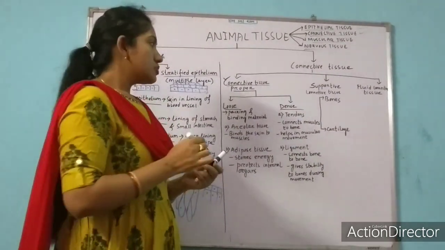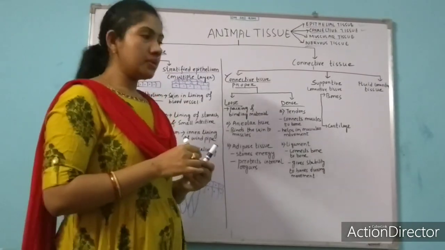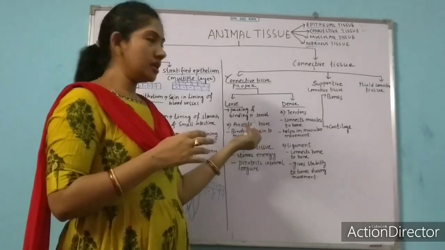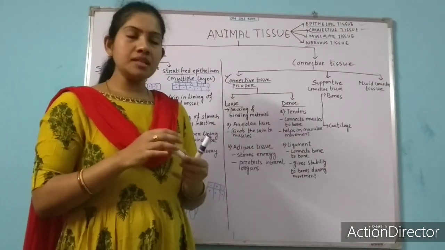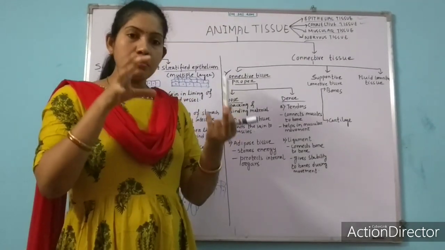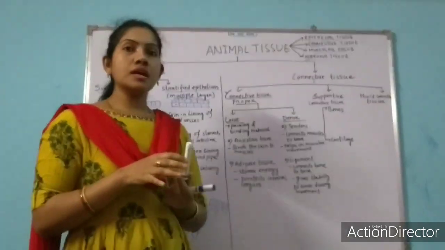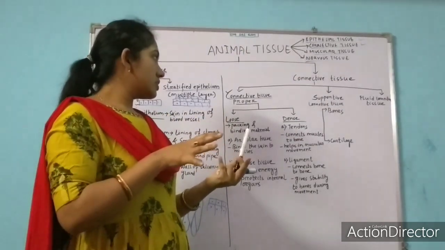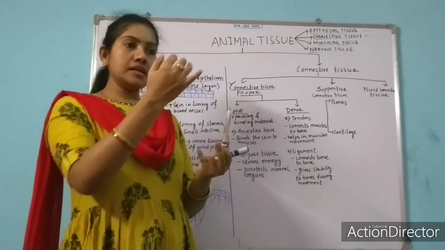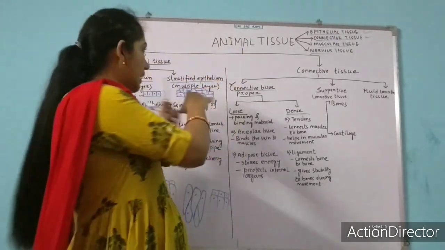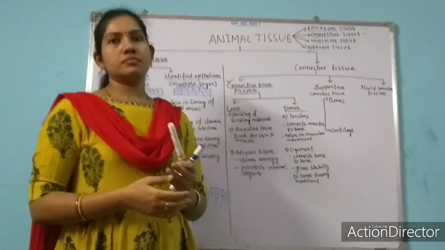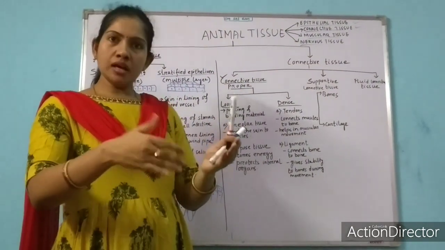In loose connective tissue proper, it generally acts as packaging and binding material, meaning it helps to connect organ to organ. The main function of loose connective tissue proper is that it helps the epithelial tissue attach to the inner wall of the organ.